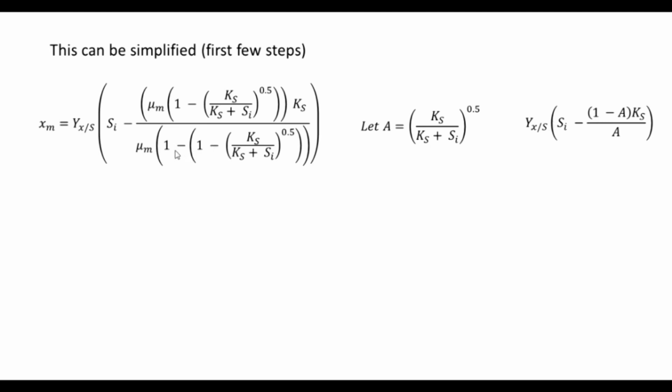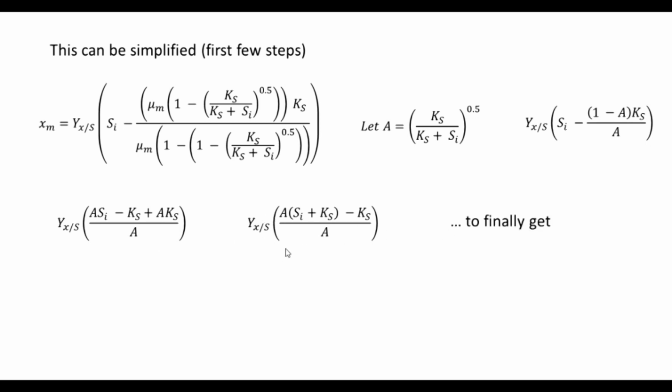The 1 and 1 would get cancelled out if I open the brackets, and then this would become plus A. The mu m and mu m are going to get cancelled out anyway. If we take a common denominator here, we get A Si minus Ks, expanding the bracket, plus A Ks, and then combining the terms. Now you are closer to the solution.